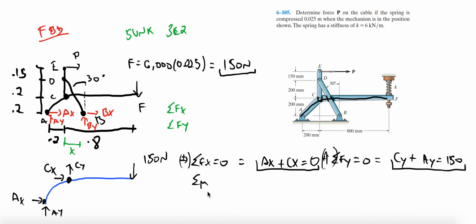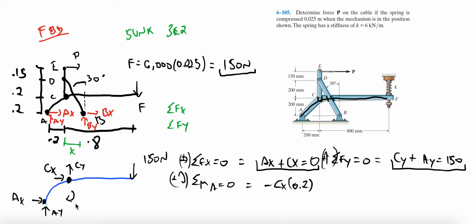And then the sum of the moments, I'll just do it about A. What do we get from here? We get that Cx and Cy cause a moment. Cx is going to want to rotate our mechanism clockwise, so negative Cx, perpendicular distance 0.2.